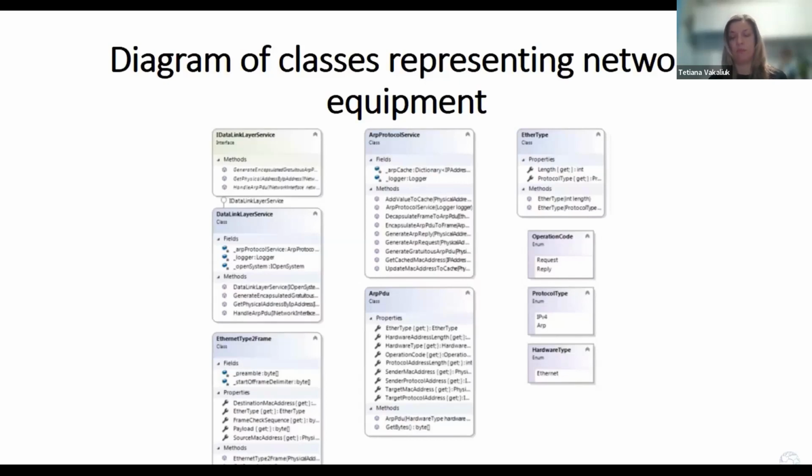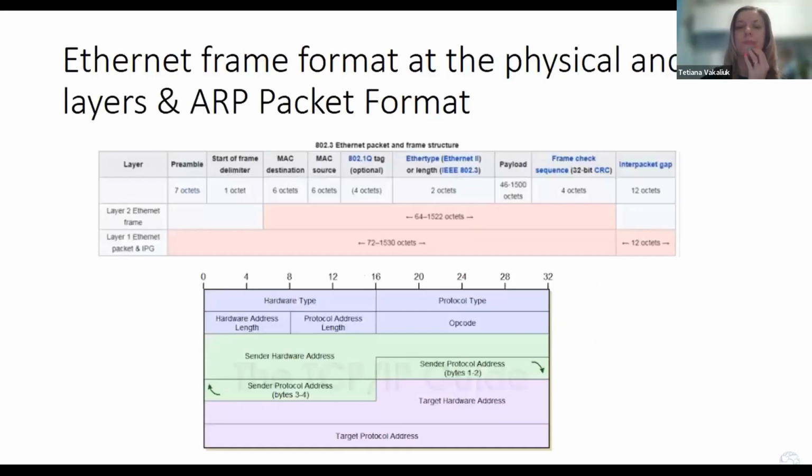The Ethernet frame class represents an Ethernet frame used for communication between devices. The upper PDU class represents an IP packet that, when passed down to the layer, is encapsulated in the Ethernet frame.